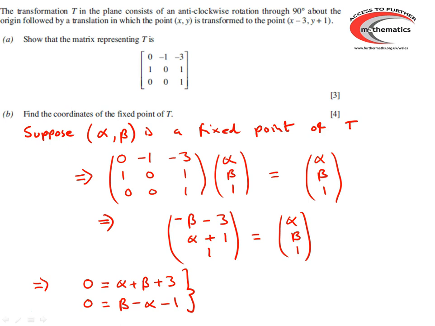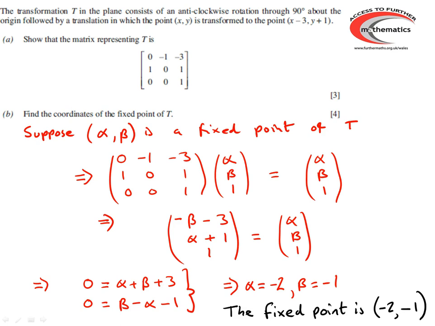If we add those two equations, we get 2 beta + 2 = 0. So beta must be -1. And if beta is -1, then alpha must be -2. So the fixed point is the point (-2, -1).